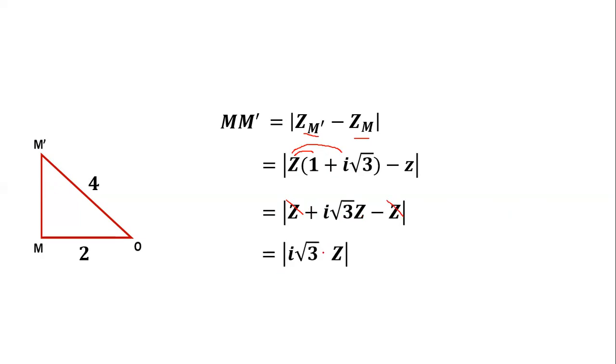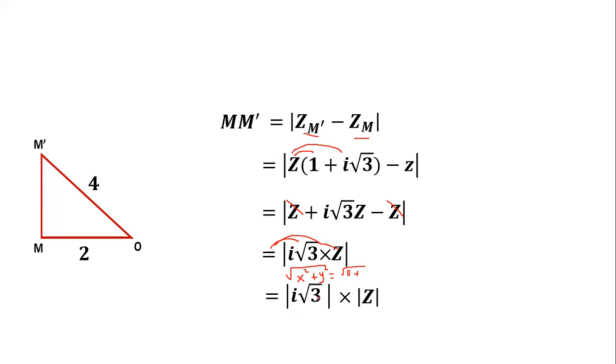Again, there is a multiplication sign, so I am going to distribute the modulus over i radical 3 and over Z. How to determine the modulus of this complex number? I simply apply the rule radical x squared plus y squared. There is no real part, so x squared is 0 squared.